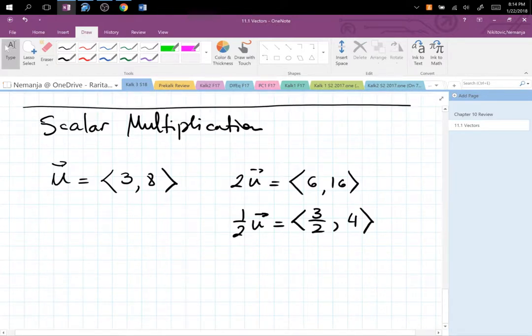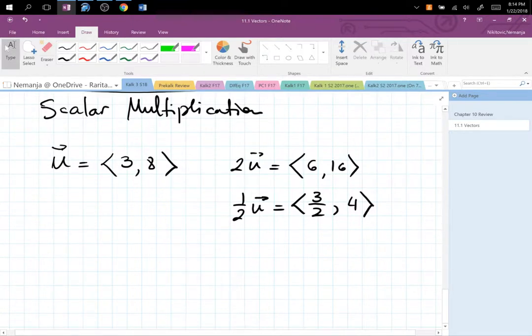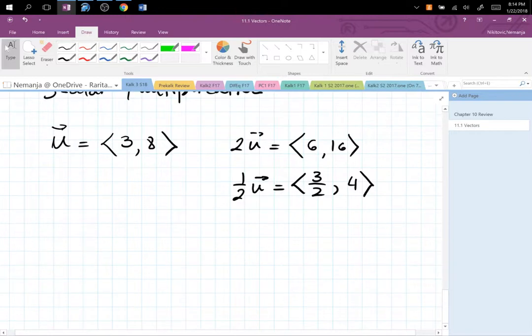Now graphically you will just go halfway or twice as far. Oh, this is 16. Who picked these numbers? I'm just going to do the half.